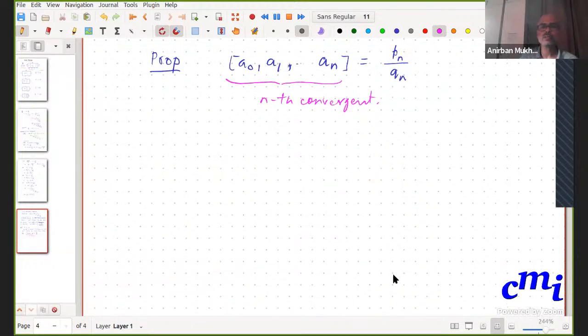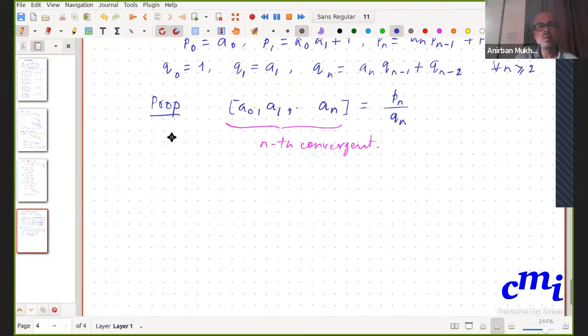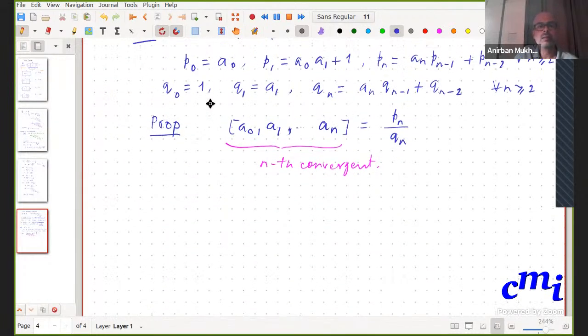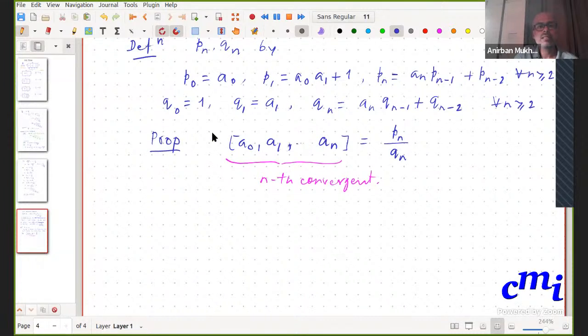So if you assume that you know it for n, how do we prove it for n plus 1? Let's do the induction step. For n equal to 0 and n equal to 1, it directly follows from the way it is defined. A0 is just P0 over Q0 by definition, P0 being A0 and Q0 being 1.